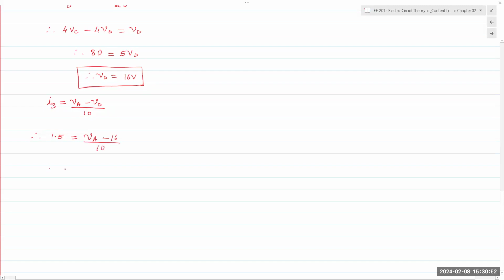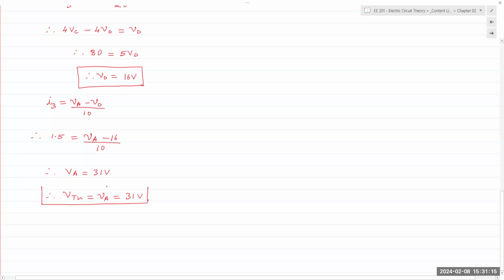I rearrange the terms and I obtain VA as 31 volts. And therefore, my Thevenin voltage, which is equal to VA, is also 31 volts.